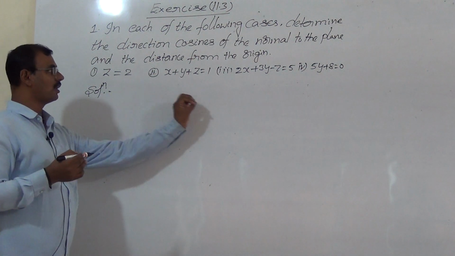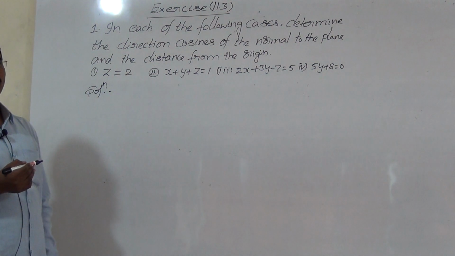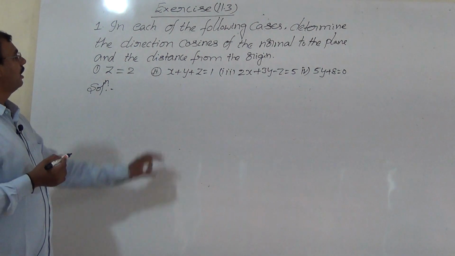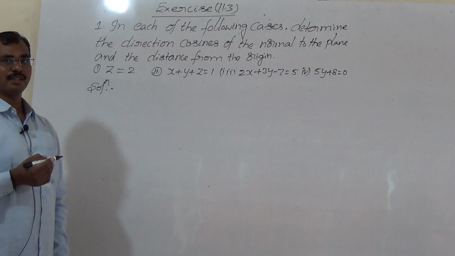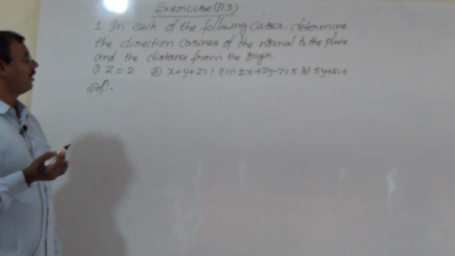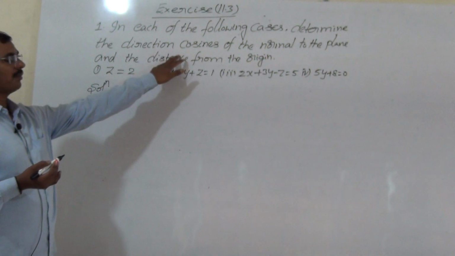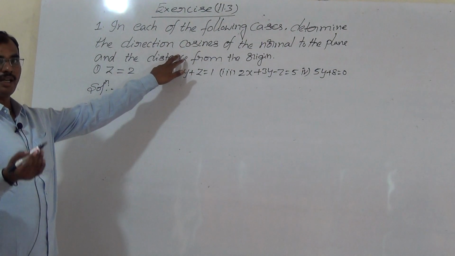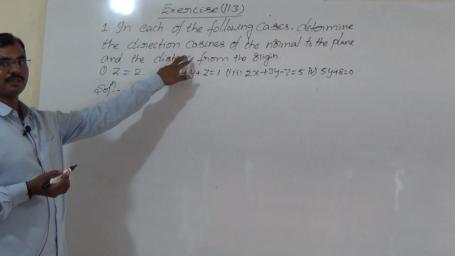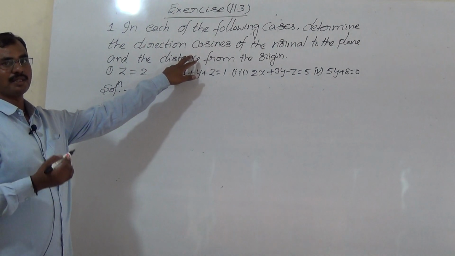We need to convert to the normal form of a plane equation, either in vector form or Cartesian form. Generally, if it is not mentioned, we always write it in Cartesian form. It is our useful result.